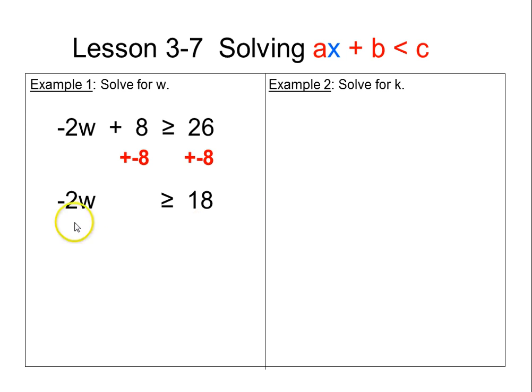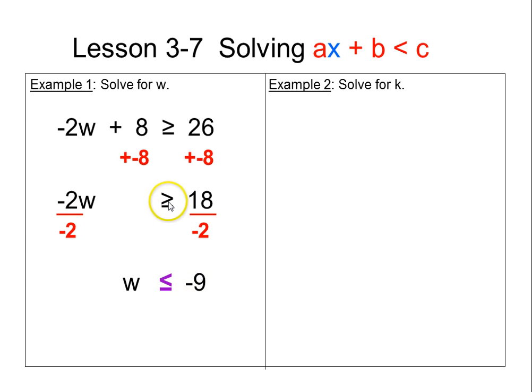Next thing we're going to do is get rid of this times negative 2, because we're multiplying negative 2 and w. I'm going to divide both sides by negative 2, which will cancel out the negative 2's on the left-hand side. On the right-hand side, we will have 18 divided by negative 2. When we do that, we get w is less than or equal to negative 9.